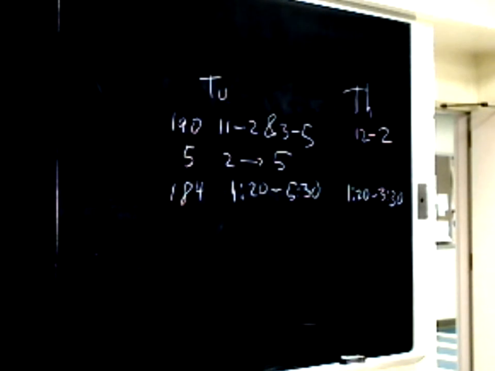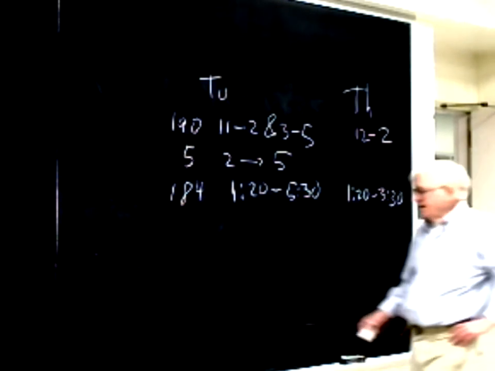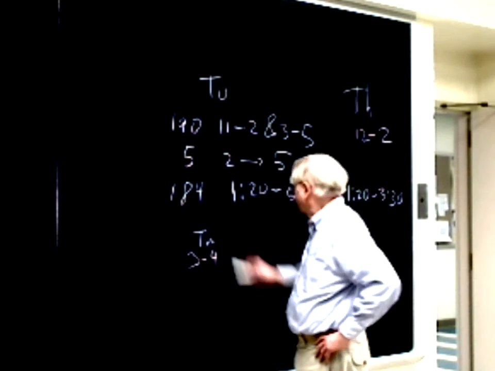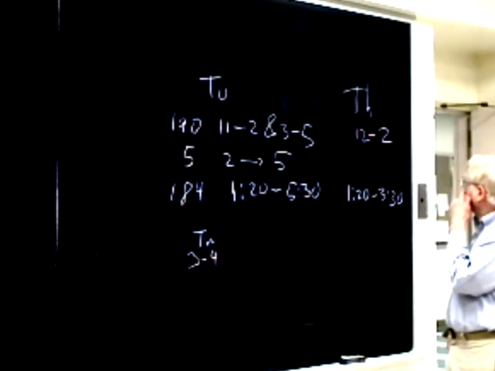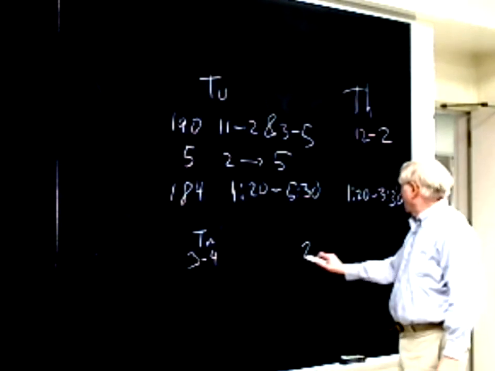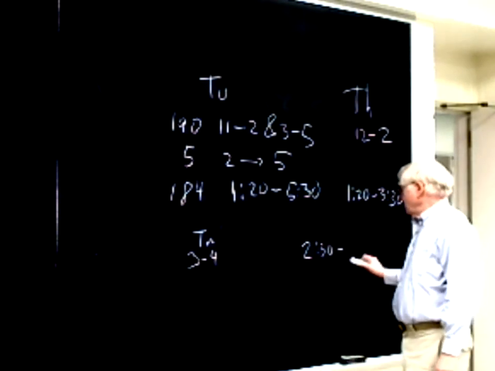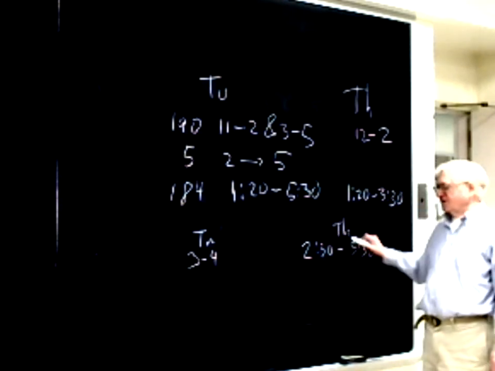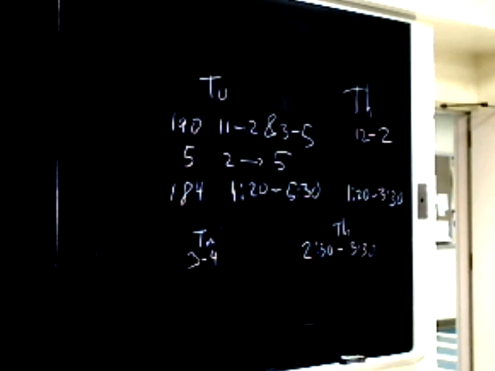4 Tuesday? Well, that's fine. All right, let me write that down. So 3 to 4 Tuesday. We could also do 2:30 to 3:30. Of course, these are supposed to be 50 minutes on Thursday. 184 is sort of the ideal room if enough people come.